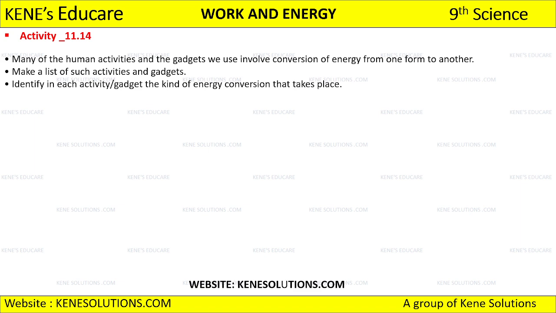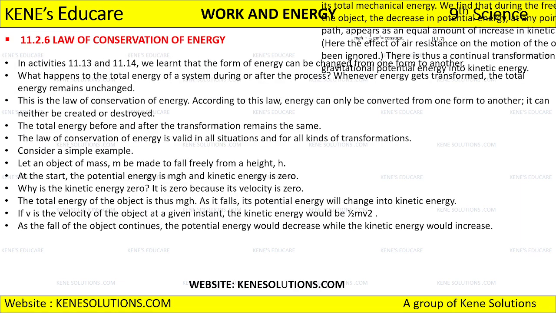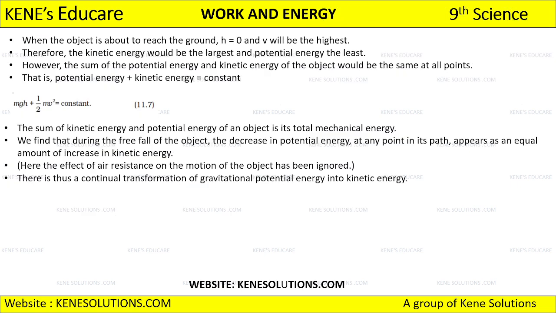Then we have activity 11.14, and then we have the law of conservation of energy to discuss. Now I always tell you in all the parts that when it comes to conservation of energy, we should know that total energy is always equal to kinetic energy plus potential energy.